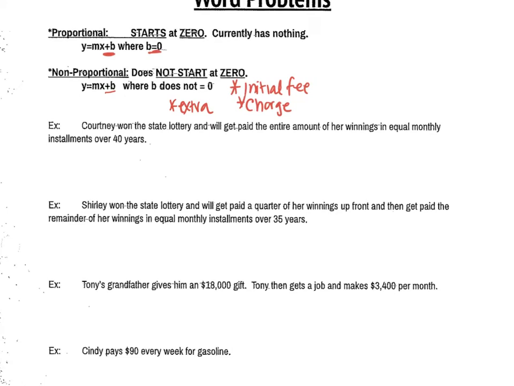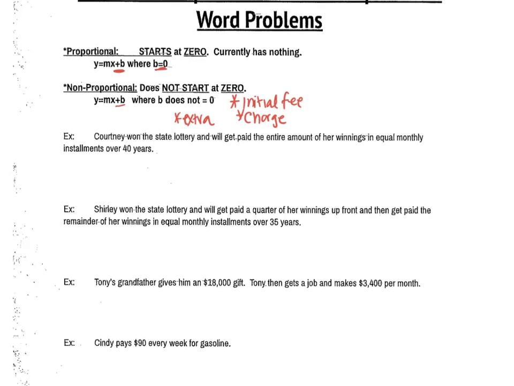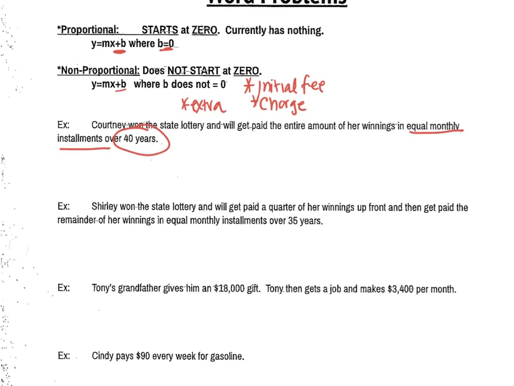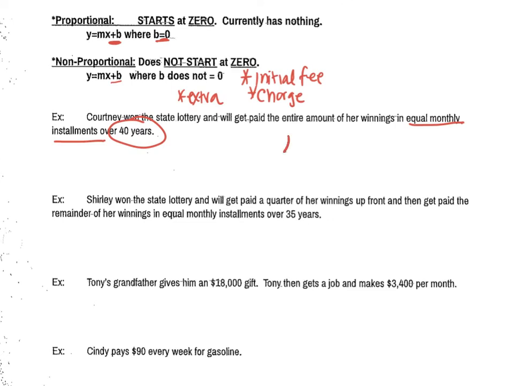So for the first example, we're just going to make an equation out of it, and then we'll decide if it's proportional or non-proportional. Courtney won the state lottery and will get paid the entire amount of her winnings in equal monthly installments over 40 years. So we could write it 40x, because she's going to get $40 a month in equal monthly installments for 40 years.